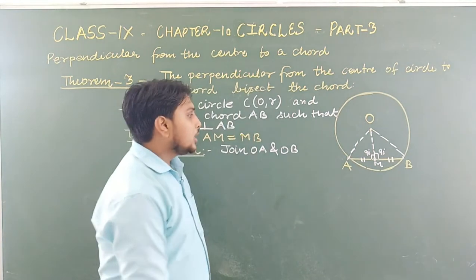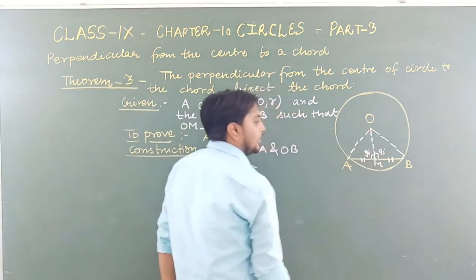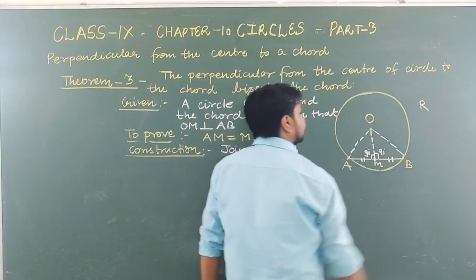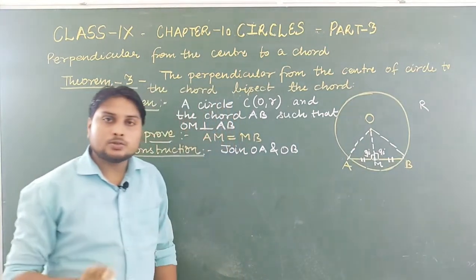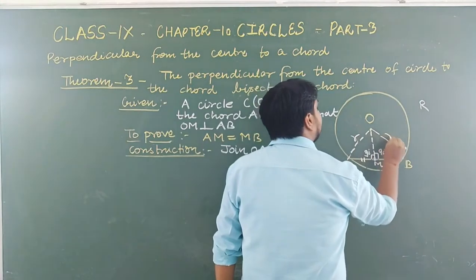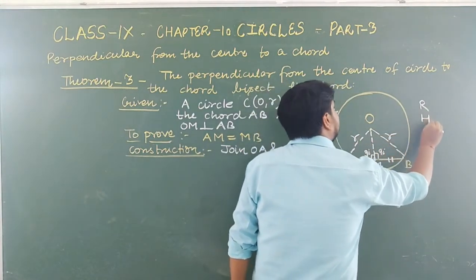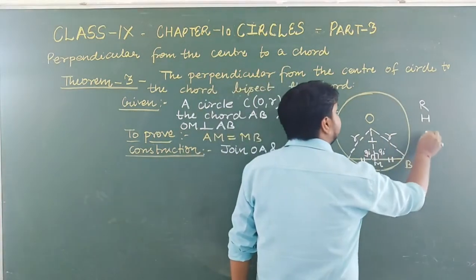Students, here you can see that this angle is 90 degree. So we are having one right angle. The side opposite to the right angle is the hypotenuse. Hypotenuse is R, means hypotenuse will also be equal. So we are having H also. And one side is common.